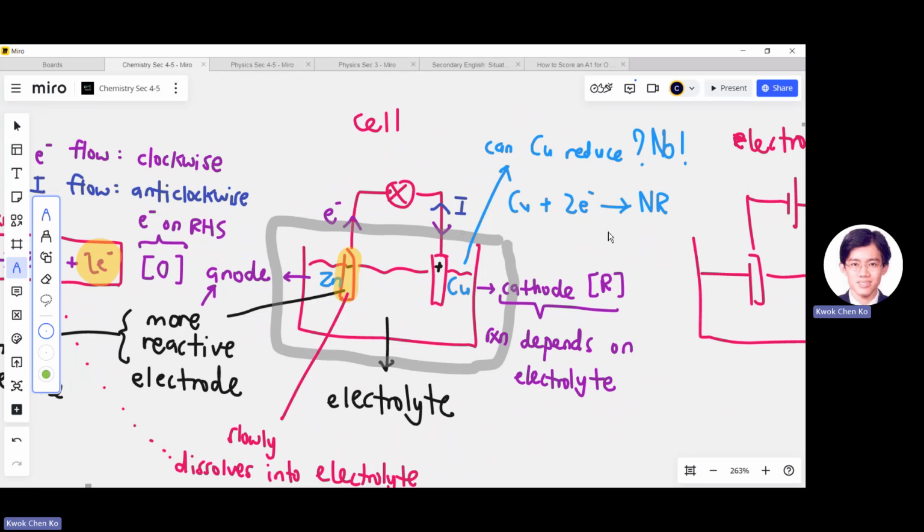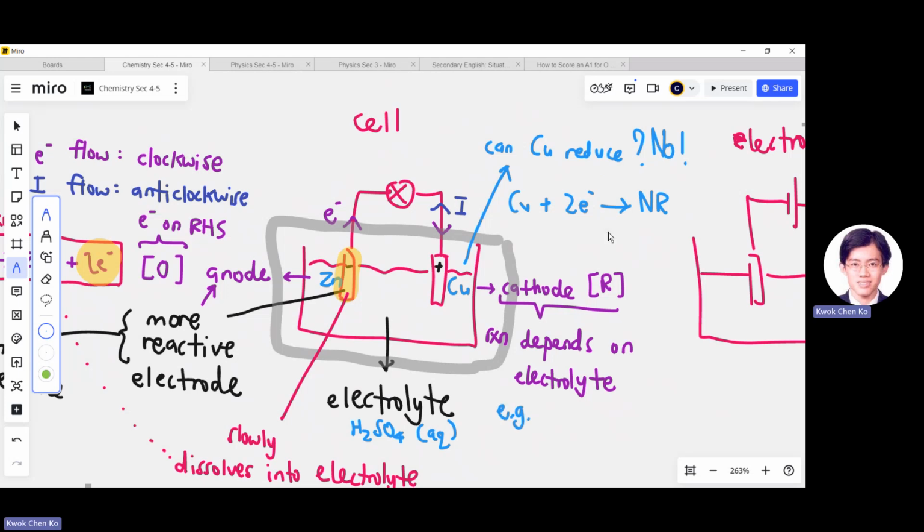Let's say my electrolyte is HCl. Or more commonly, H2SO4. This is quite common, especially in car batteries, they use H2SO4. So what's the reaction going to be?